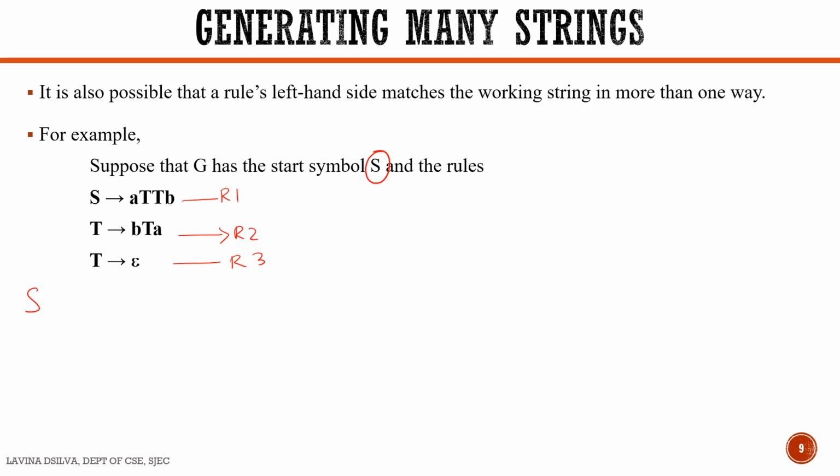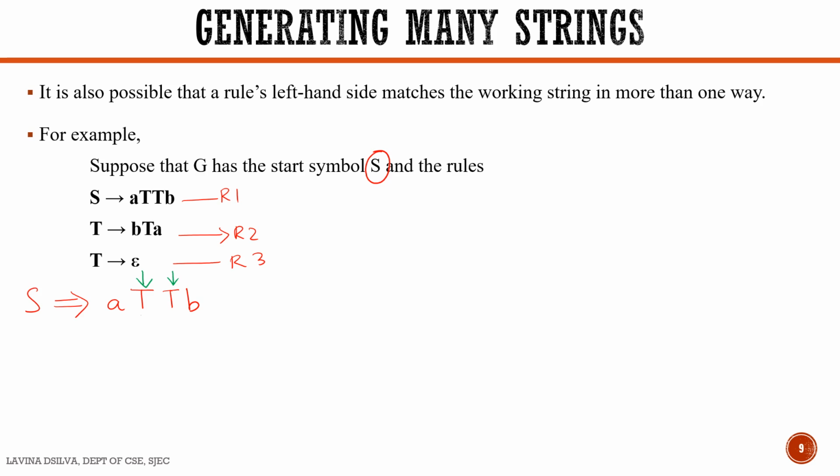So since only one rule is applicable here, we take the rule number 1 and we have A, T, T, B as our right hand side. Next we know that we have to replace the non-terminal T, because we have only the non-terminal T in the right hand side. But the confusion would be whether the first T has to be replaced or the second T has to be replaced.